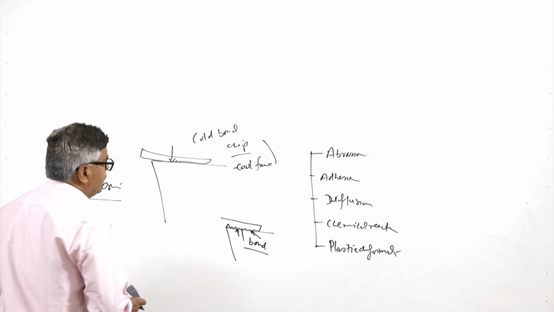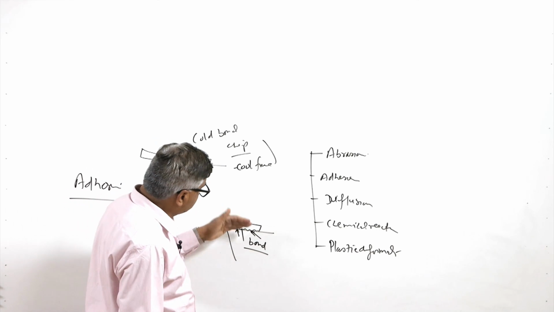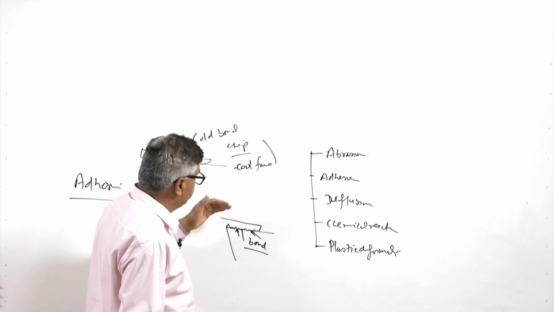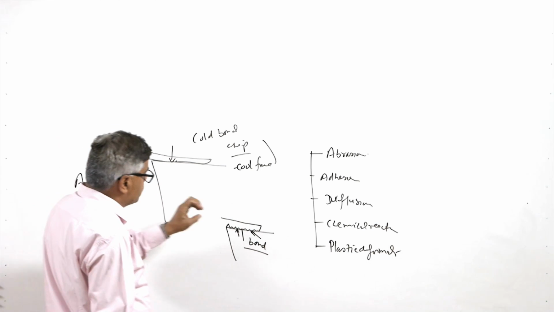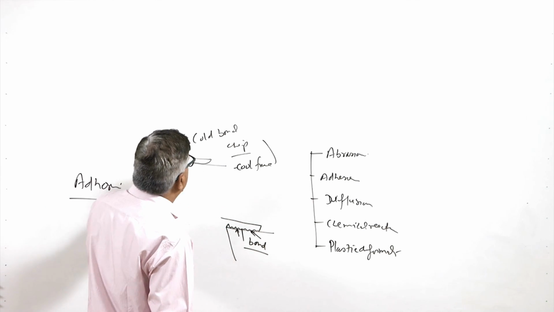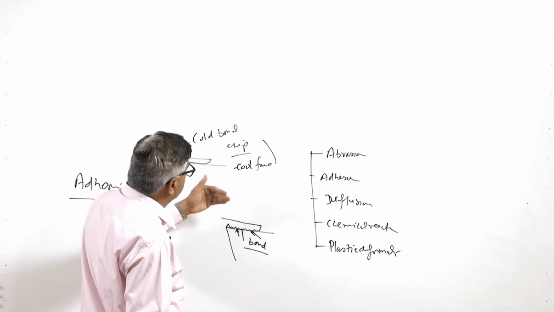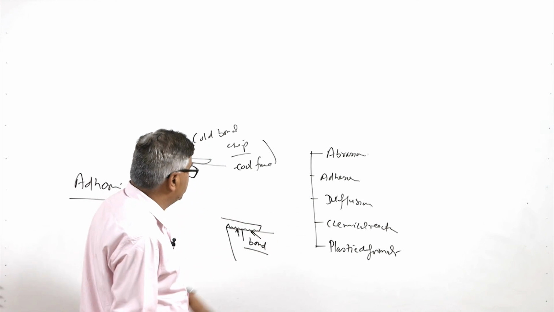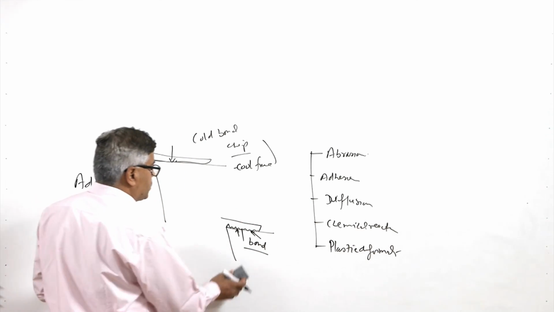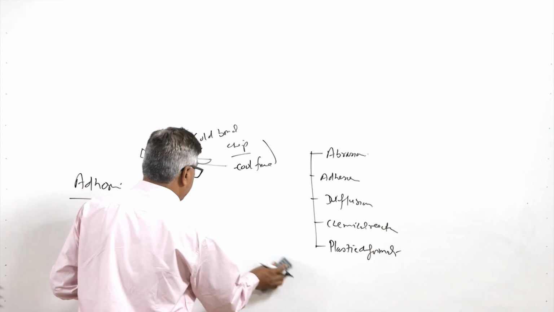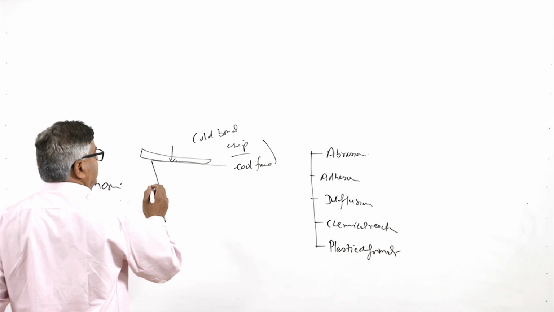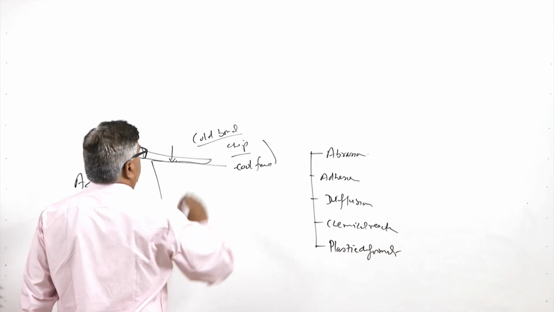Metal to metal contact exists between the tool and the chip at the tool chip interface, and because of this contact under relative movement, the loss of material takes place primarily due to the breaking of the bonds at the tool chip interface. This is the kind of cold bond which is formed.